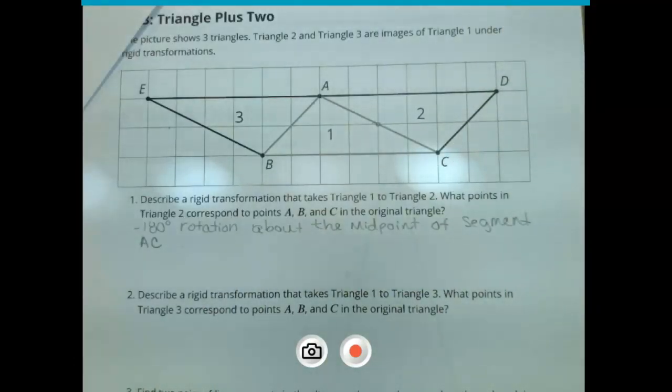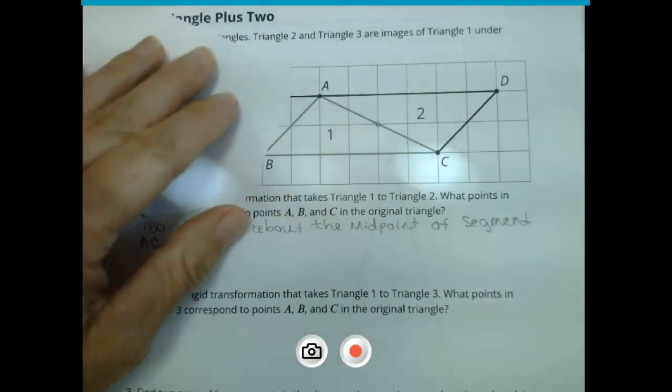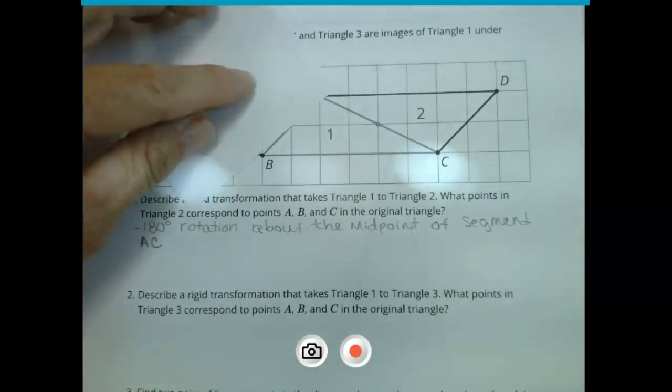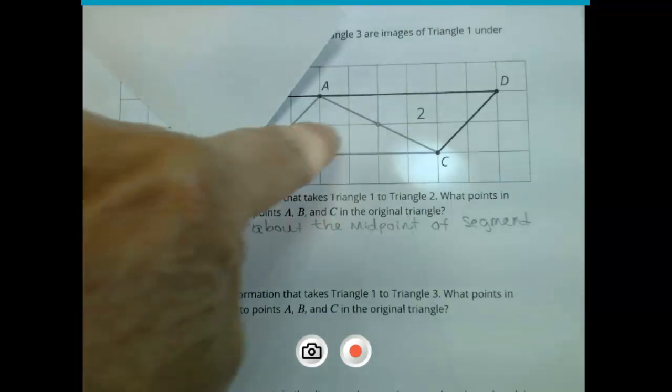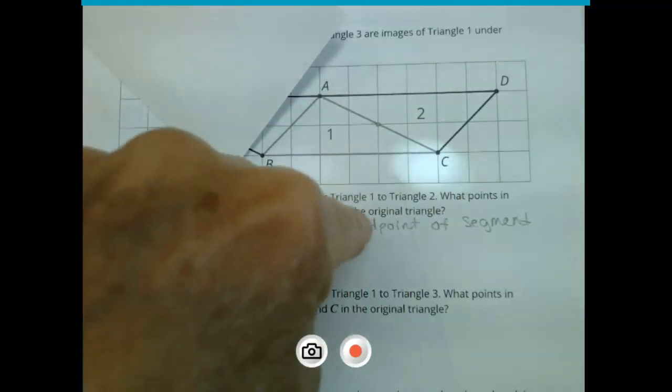Well, another question here. It says, what points on triangle 2, if we're just looking at triangle 2 up here, from what we did when we rotated it, correspond with A, B, C in the original?